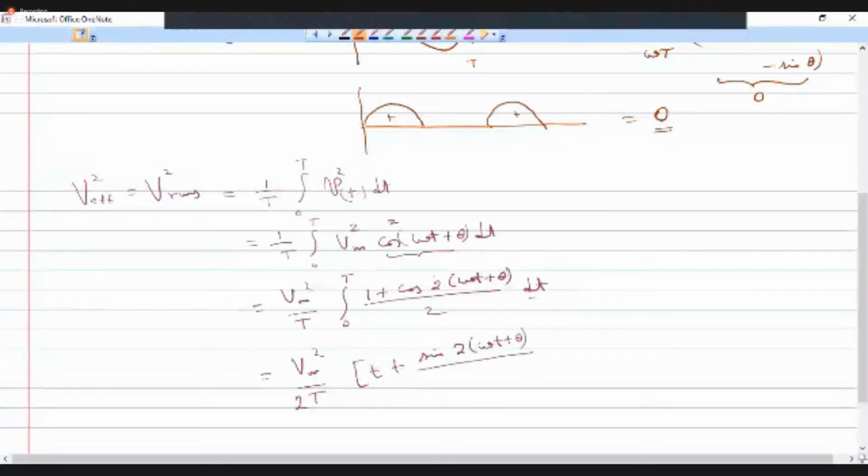So you have to divide this by 2 omega and apply the limits from 0 to the time period capital T.